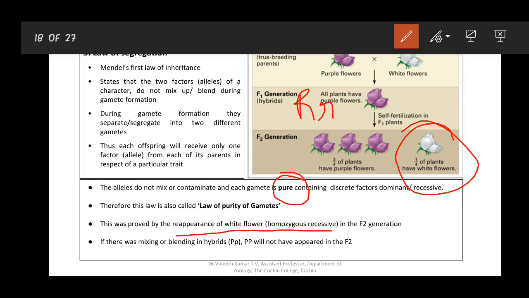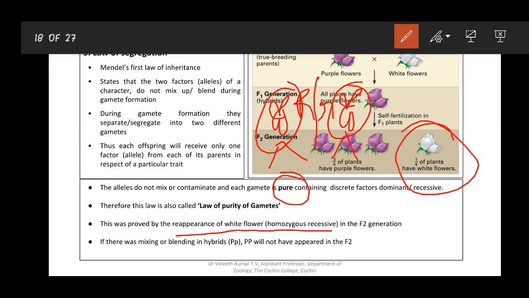And because they remain as discrete molecules, they segregate during gamete formation into two different cells. So if you have a hybrid capital R small r, according to the meiotic principle, as we know now, these are homologous chromosomes. This chromosome will be separated and this will be separated. As a result, they move into two different gametes, and this gives rise to two cells.